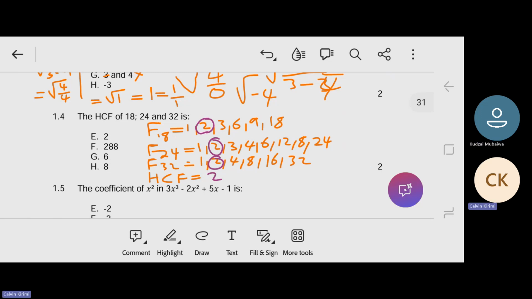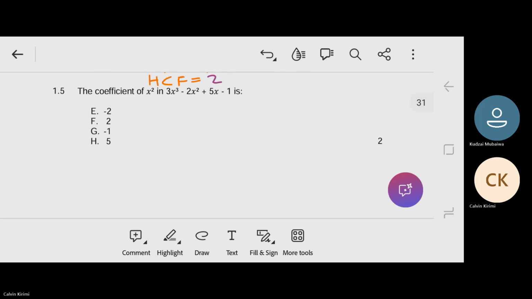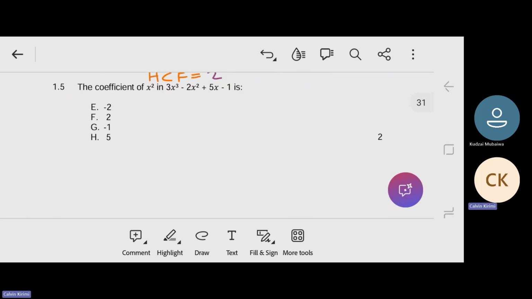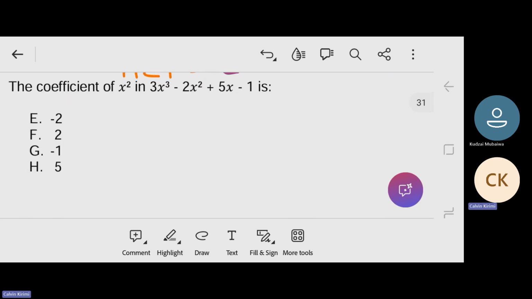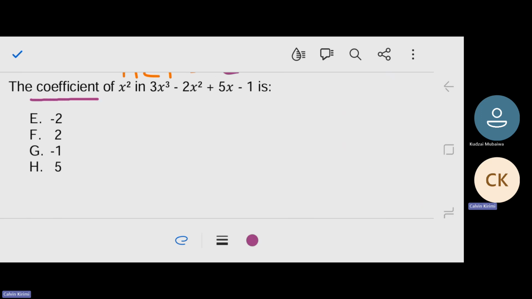Let's go to 1.5. The coefficient of x squared in that number. Coefficient is always a number. Sir, can you please share the screen?